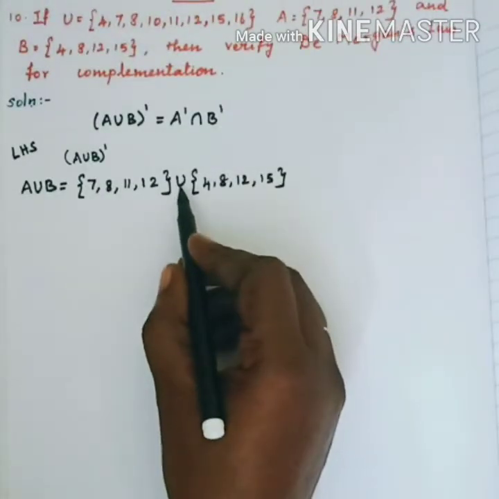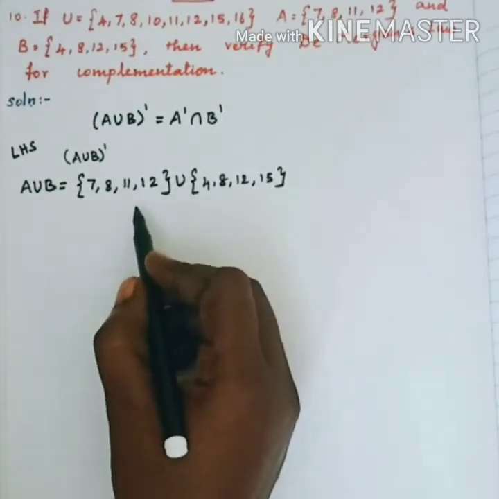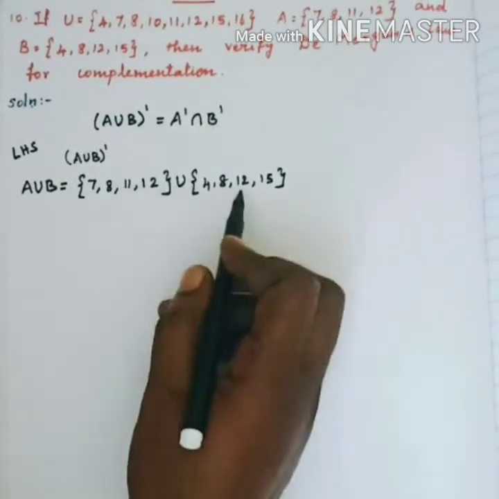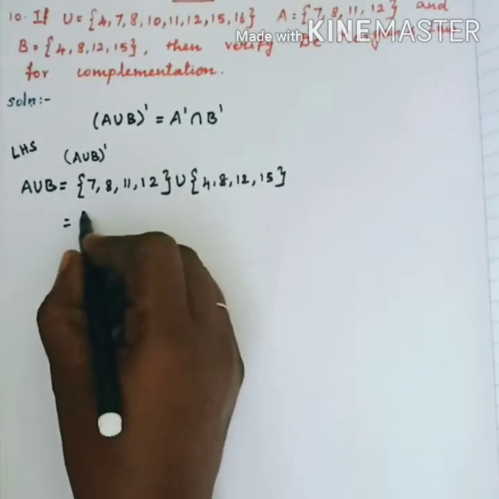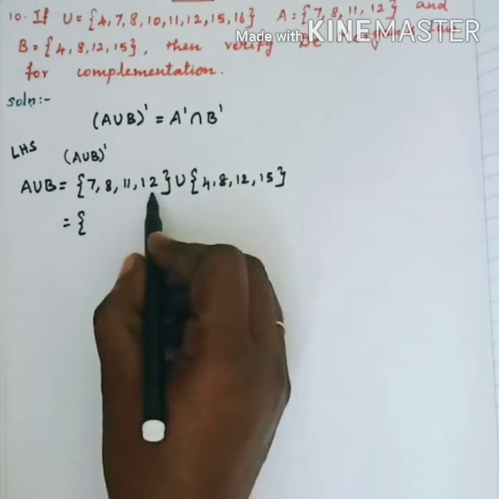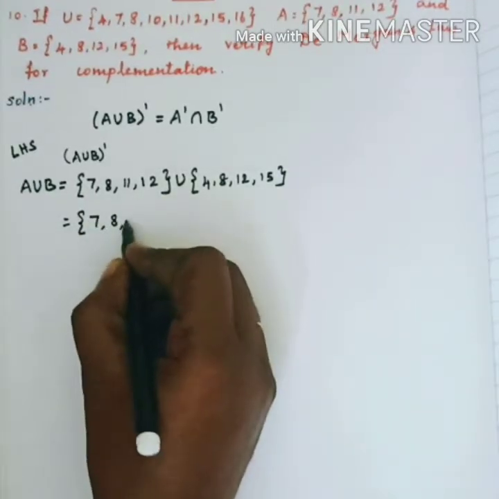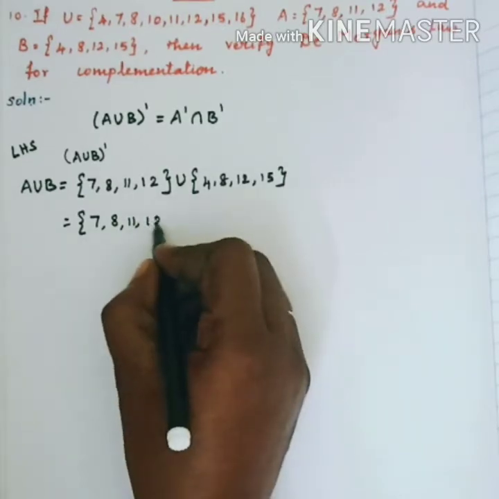Here the union symbol is in between the sets, so you have to combine the elements of these two sets. First write the elements of the first set: 7, 8, 11, 12.